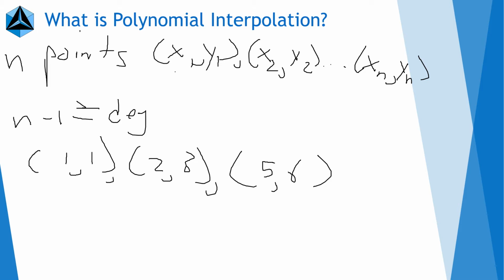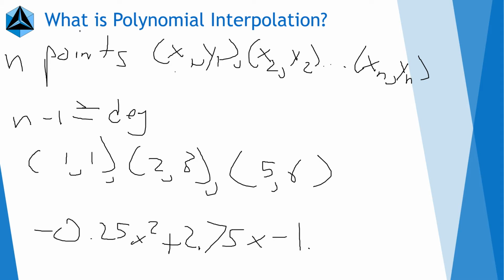As it turns out, this polynomial is minus 0.25x squared plus 2.75x minus 1.5. I'll show how we find this polynomial in the next section, but for now this polynomial is the unique polynomial that has all 3 of these points on it. You can do that calculation yourself if you want, but you can also just trust me that these three points are on this polynomial.